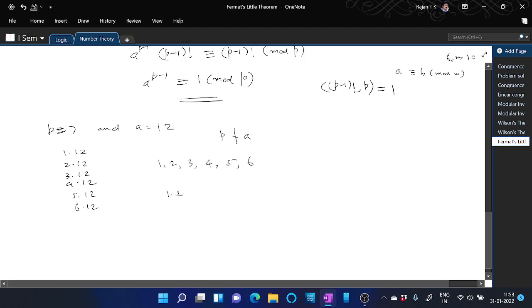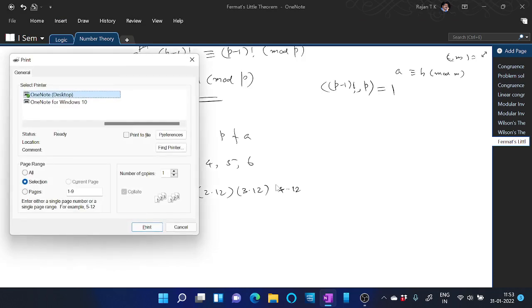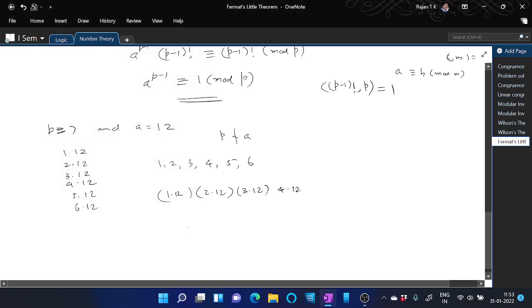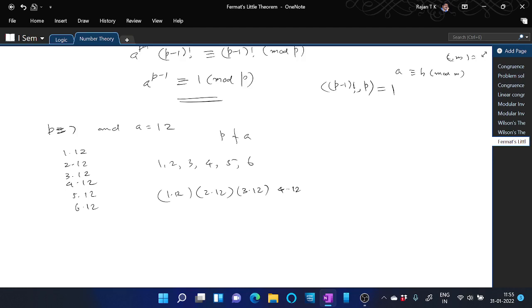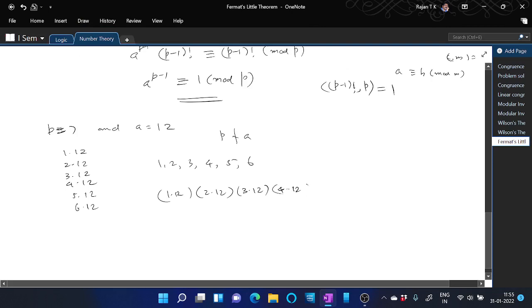And therefore 1 into 12 into 2 into 12 into 3 into 12, 4 into 12, 5 into 12, 6 into 12, the product is congruent to 1 into 2 into 3 into 4 into 5 into 6 mod 7.